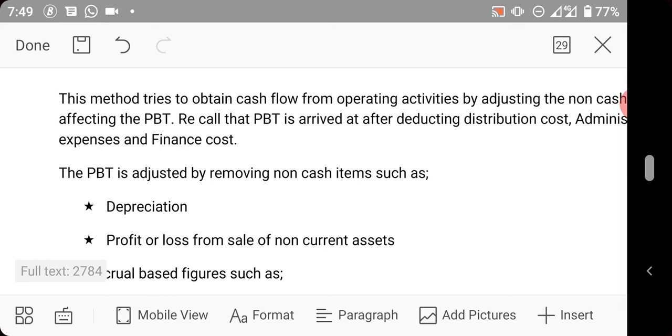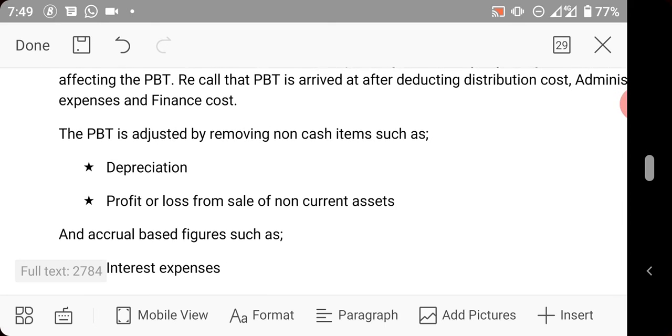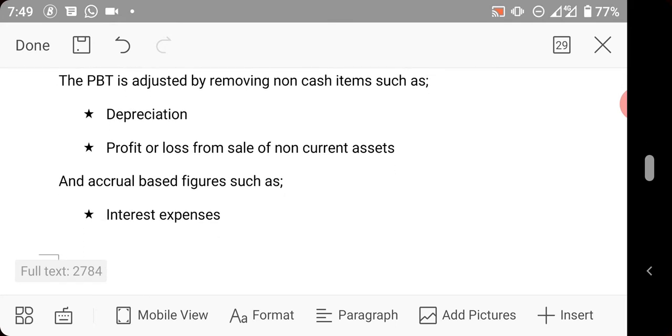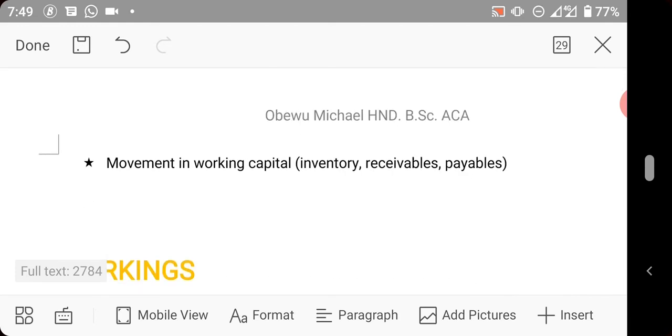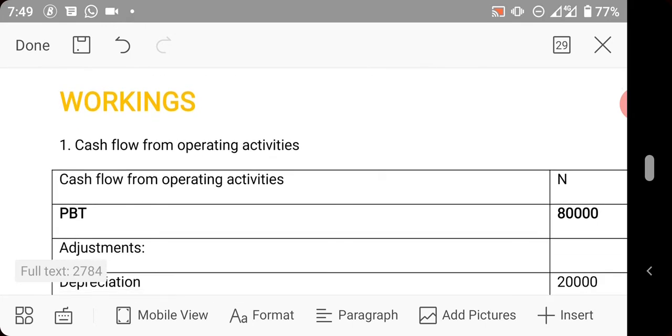The non-cash items are depreciation, profit or loss from sale of non-current assets, and accrual-based figures such as interest expenses, movement in working capital: inventory, receivables, and payables, workings.